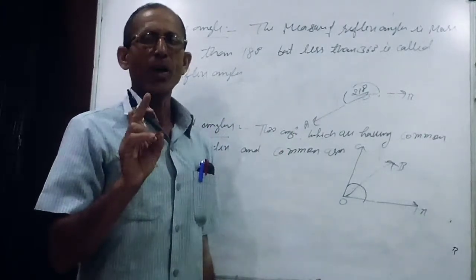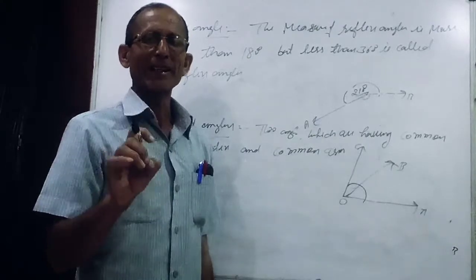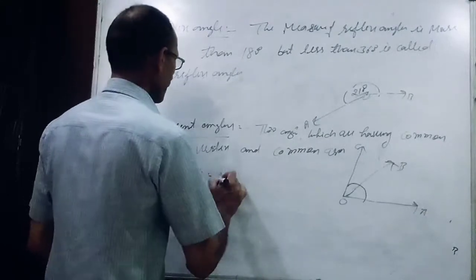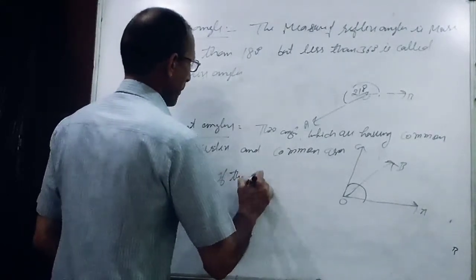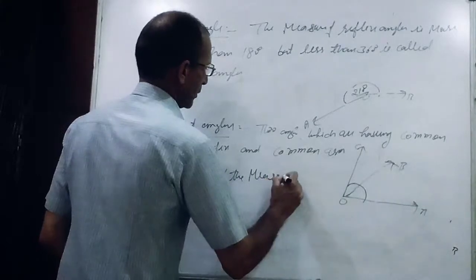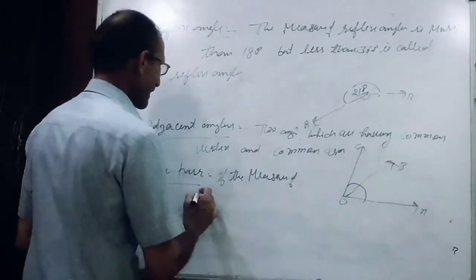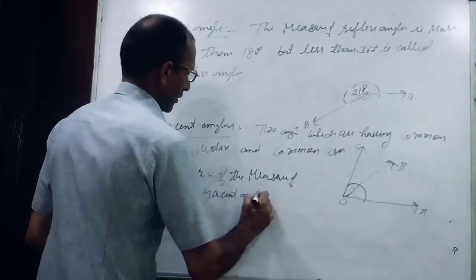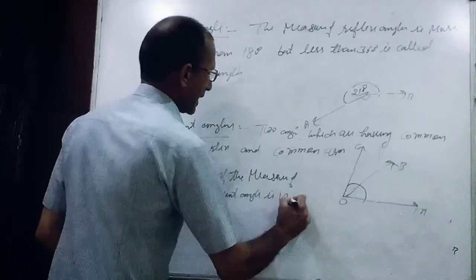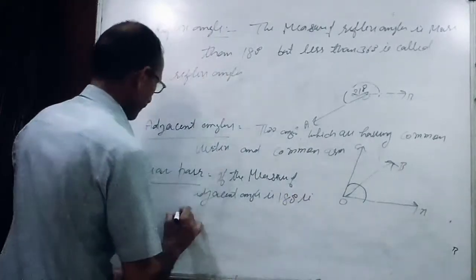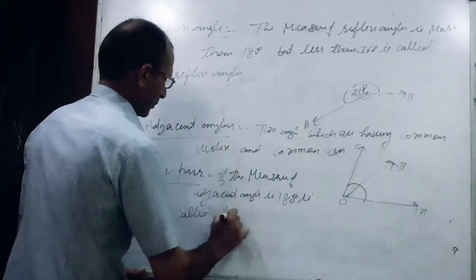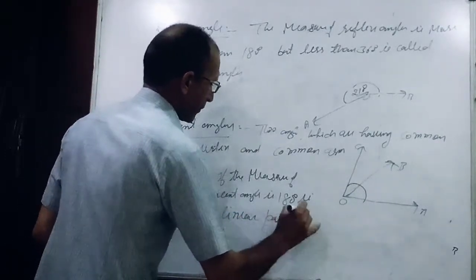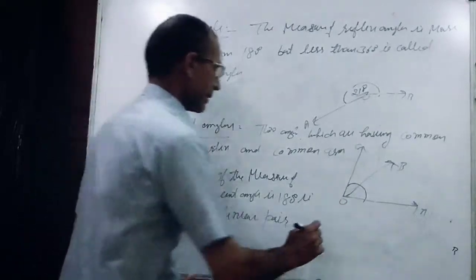If the measure of two adjacent angles is 180 degrees, it is called a linear pair.